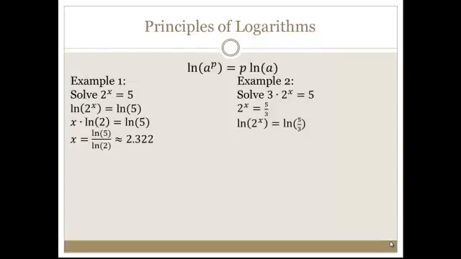The natural log of 2 to the x equals natural log of 5/3. Using our property, the left-hand side simplifies to x times the natural log of 2, while the right-hand side is still natural log of 5/3. Finally, to solve for x, we just need to divide by natural log of 2. So x equals the natural log of 5/3 divided by the natural log of 2, which is roughly 0.737.